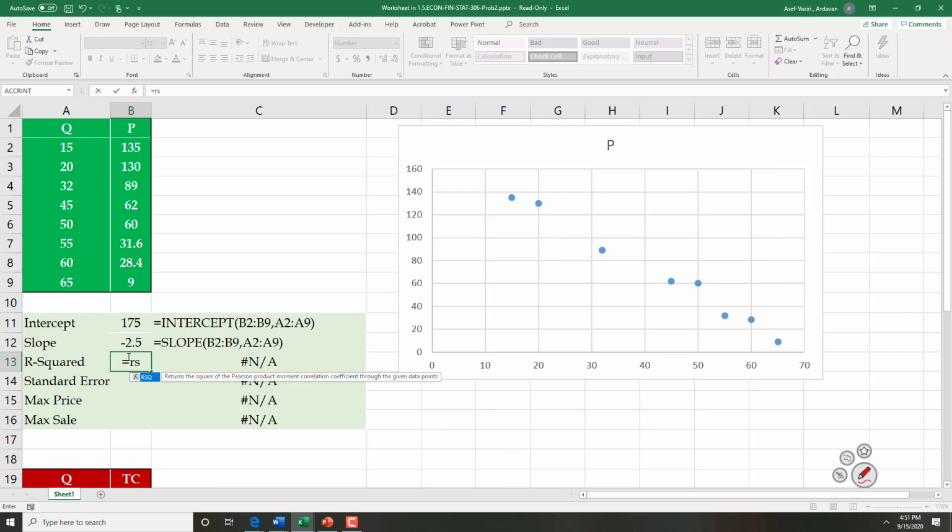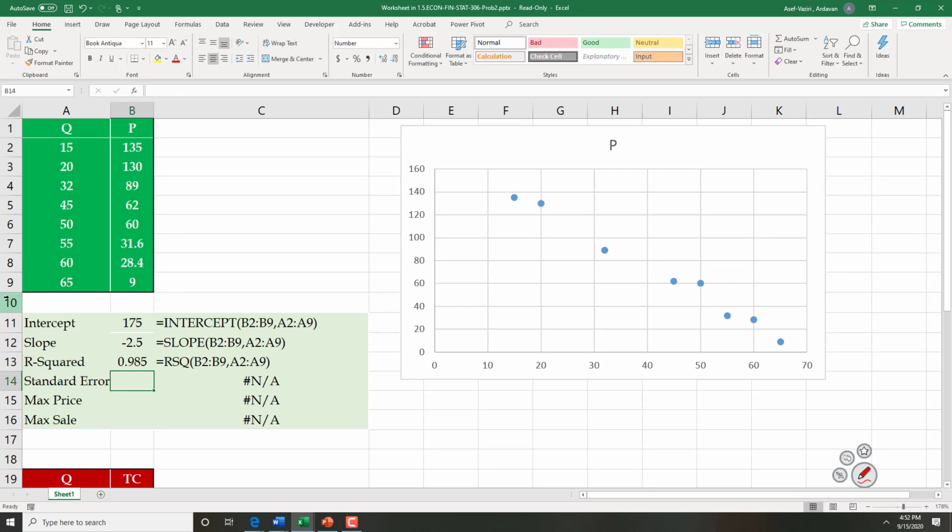RSQ, and as I type that, it comes up, and therefore R square between these Y's and these X's comes out quite nice. If I compute equal to SQRT of this one, that would be the correlation coefficient, but I should also put the sign of the slope in front of it.